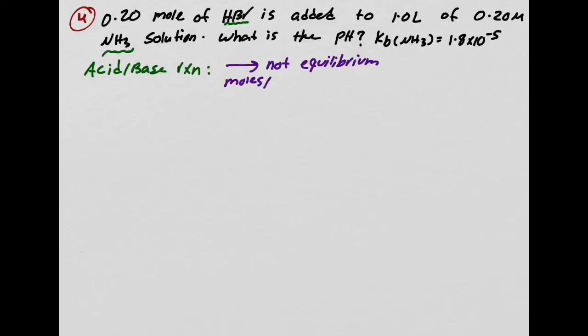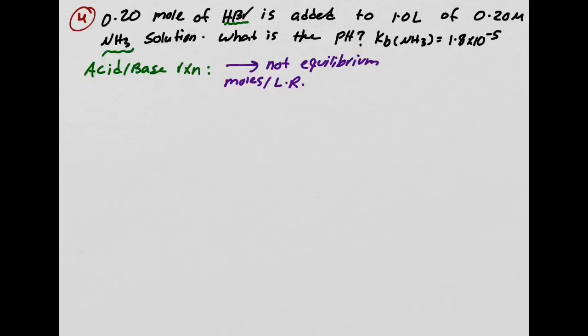You have to use moles to figure out the limiting reagent. Remember, you see an acid and a base added together, it's an acid-base reaction. Acid-base reactions are one of the fastest reactions in chemistry. So single arrow, not equilibrium, I have to use moles and limiting reagent, okay?